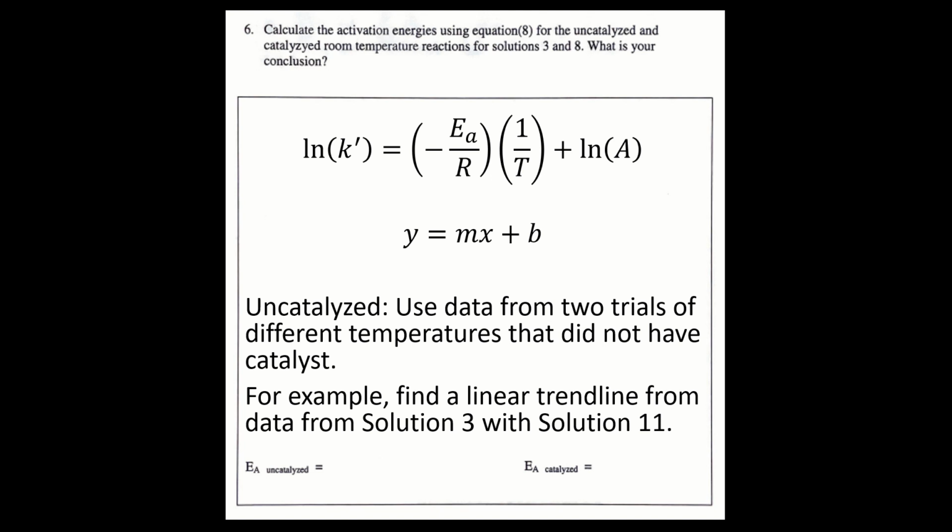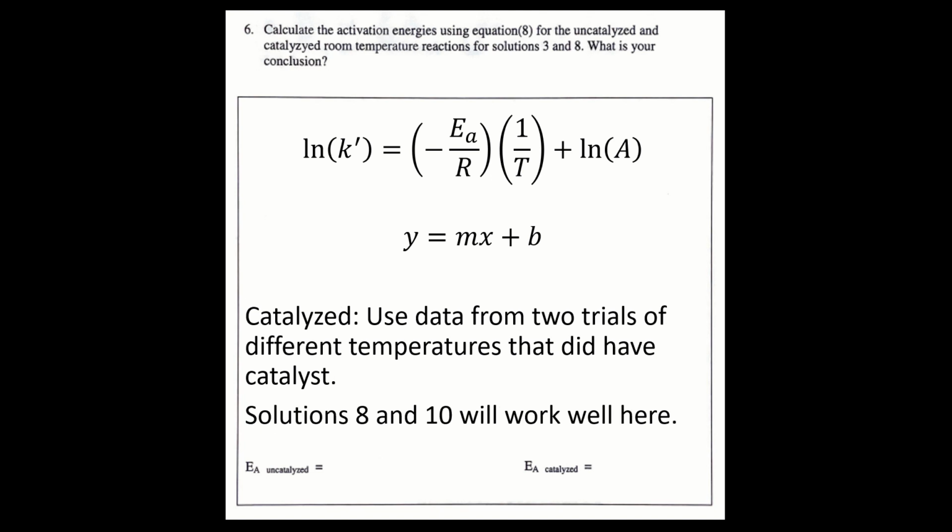We'll go into exactly how in a little bit, but for the catalyzed reaction, the two trials you should use, since we're concerned with solution 8, use data from solution 8 and 10 specifically, just because 8 is at room temperature. Solution 10, like with solution 8, has the catalyst and an equal amount of the catalyst.